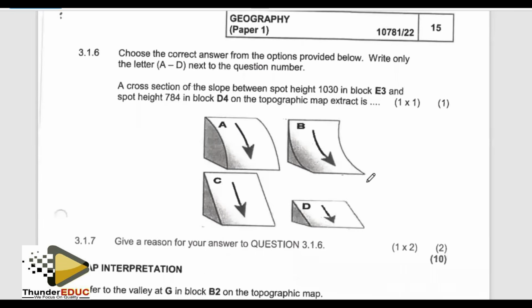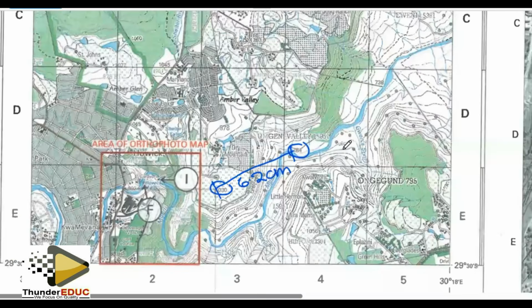So let's go again to those blocks, E3 and D4. You can see that at E3, between the spot height, this area is gradual or gentle. That's why there's even farming.